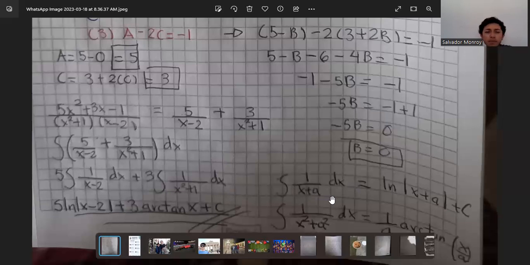So the purpose of this method is to set up the system of equations to find the values of the numerators for our final fractions, so that the integration part is easy, as we can see. So that's all for my part. Thank you for watching.